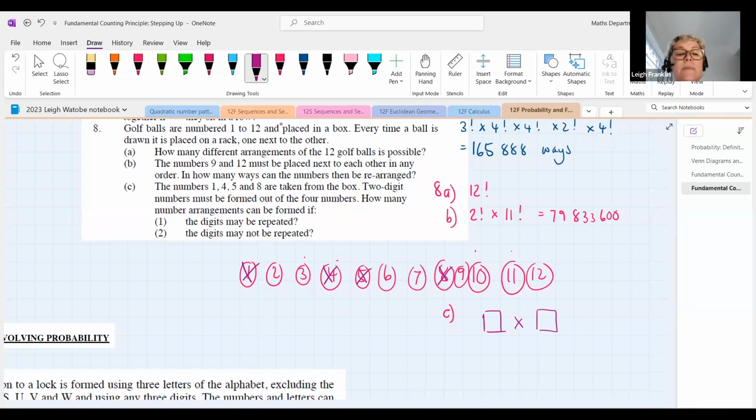Oh, sorry, I misunderstood. What they're doing is leaving the others, and now they are working with the numbers 1, 4, 5, and 8. That's what they mean. So they've selected these 4 numbers from the group. Sorry, it's not very well phrased. And now they want to form a 2-digit number. How many number arrangements can be formed if the digits may be repeated?